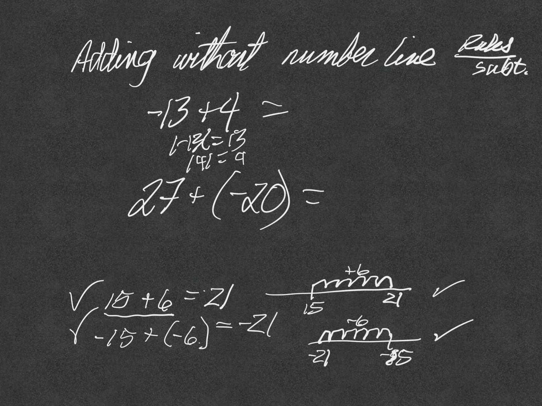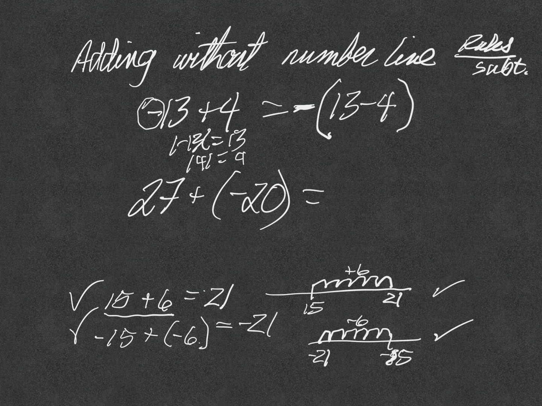And so what you do is a subtraction problem, 13 minus 4. But then the rule states you take the sign of the bigger number. So the answer will be negative. That's how the rule is stated.